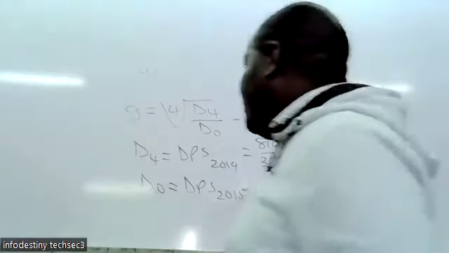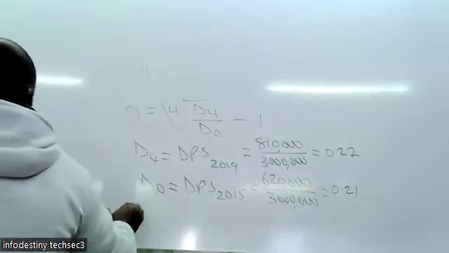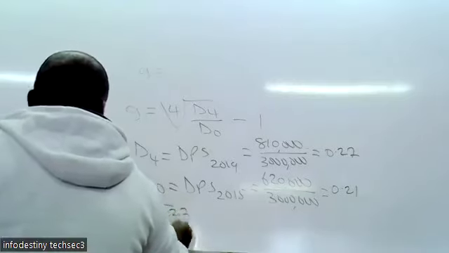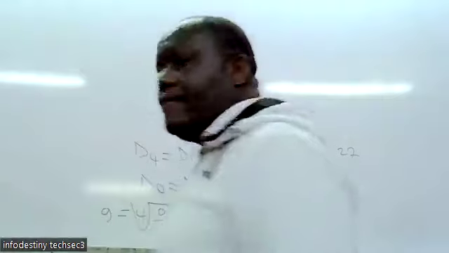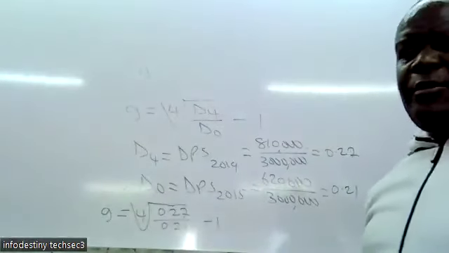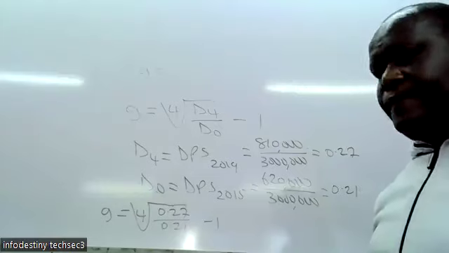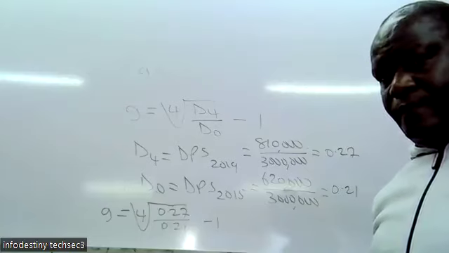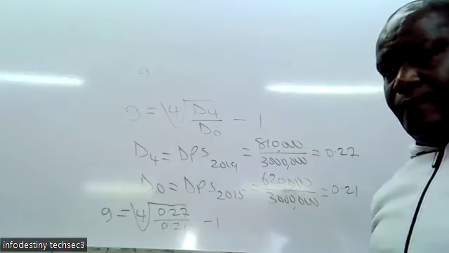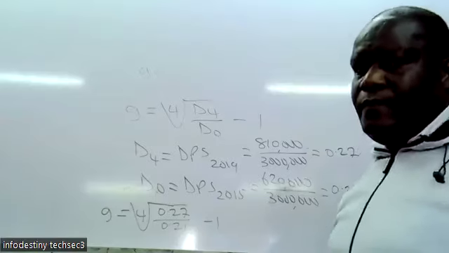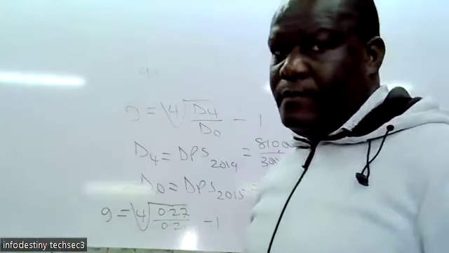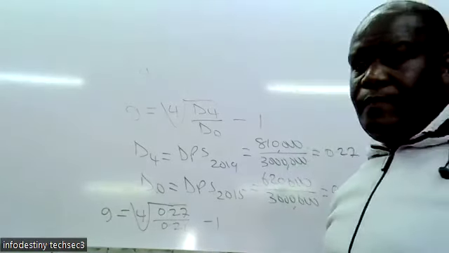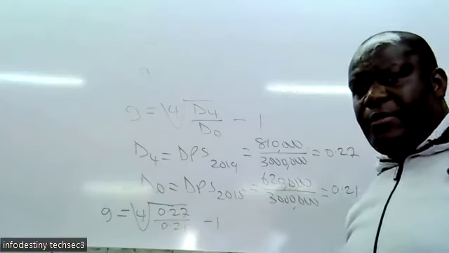So now we can get G. What should be that constant growth rate?